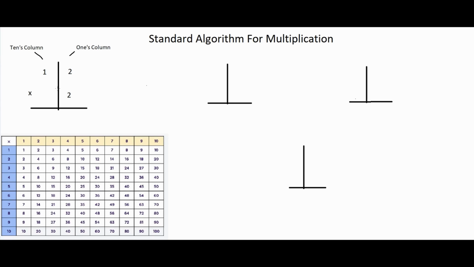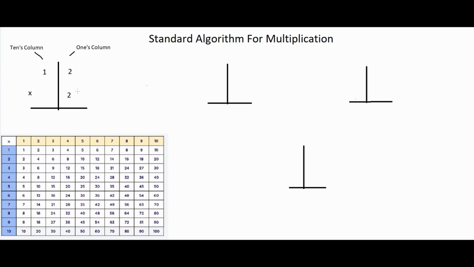Essentially it's a line down the middle, and it separates the numbers in the problem into multiple columns. Here there's only 2 columns, the ones column and the tens column, because the biggest number is a 2-digit number.